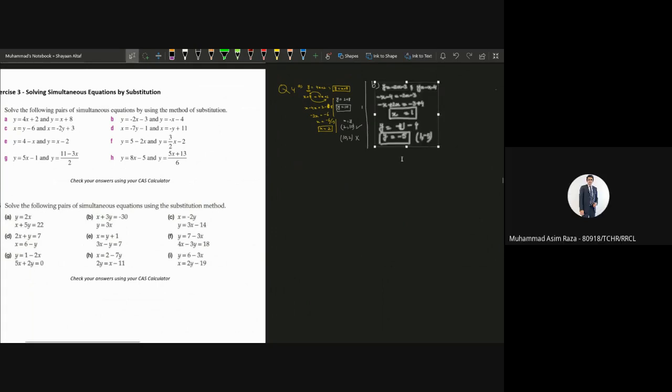There are two expressions, and x has only one value, y has only one value. When we say that we are solving two equations, graphically we are finding the point of intersection of these two lines. So basically 1 and -5 is the point of intersection of x and y.